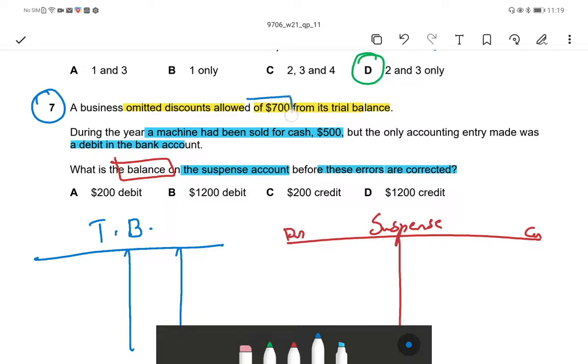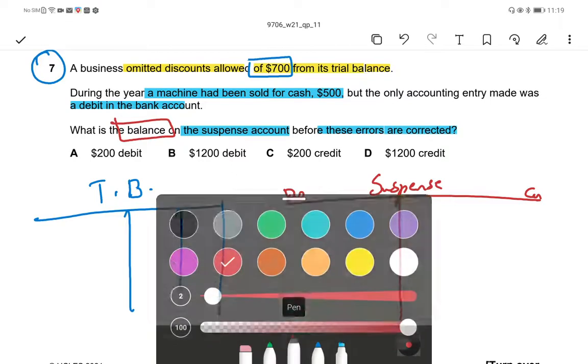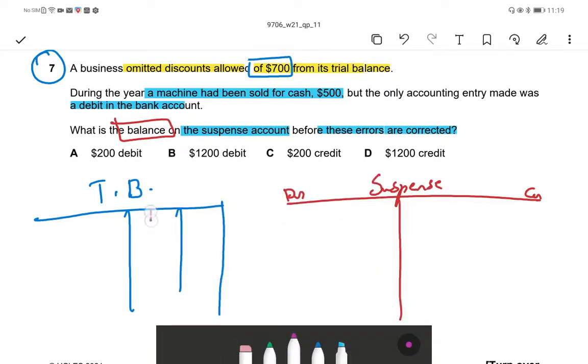Discount allowed 700. Discount allowed in the trial balance will always come on the debit side. So if we are not entering it, the 700 difference will show on the debit side. While the machine sold for 500 was entered only in the bank account. When we sell a machine, that is income, so on the credit side 500 is also a difference.